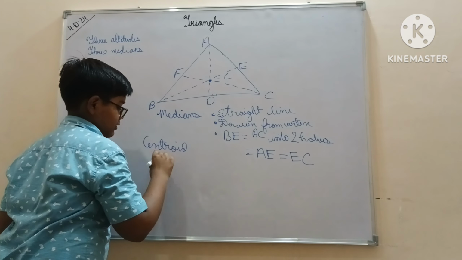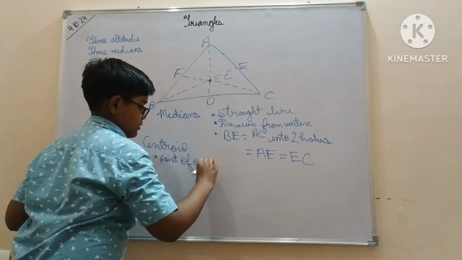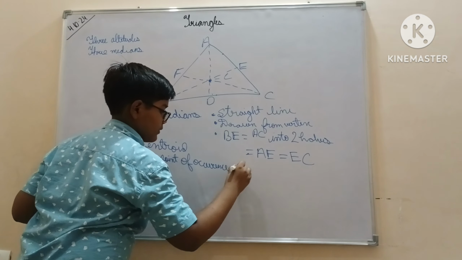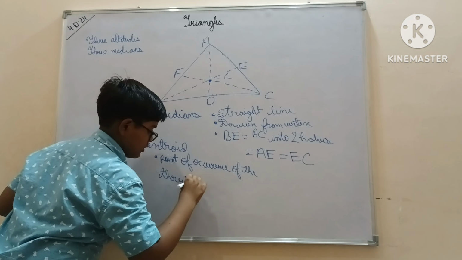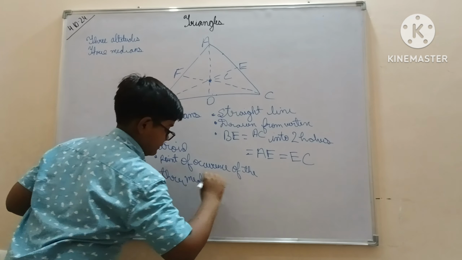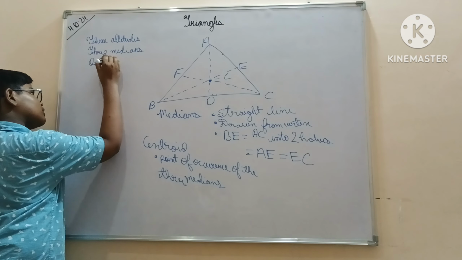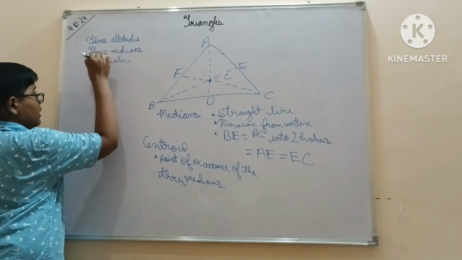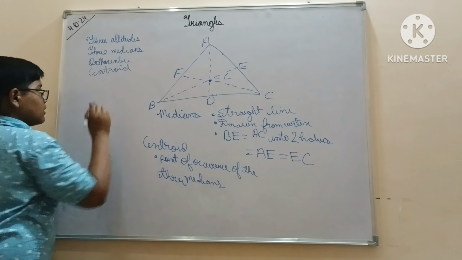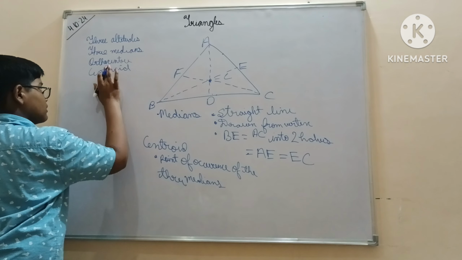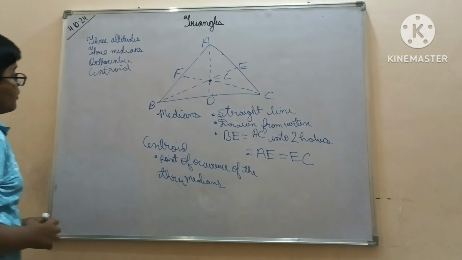Centroid is the point of occurrence of the three medians of the triangle. So there is one orthocenter and one centroid.